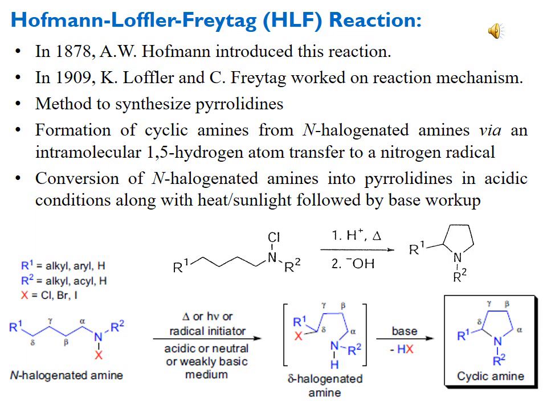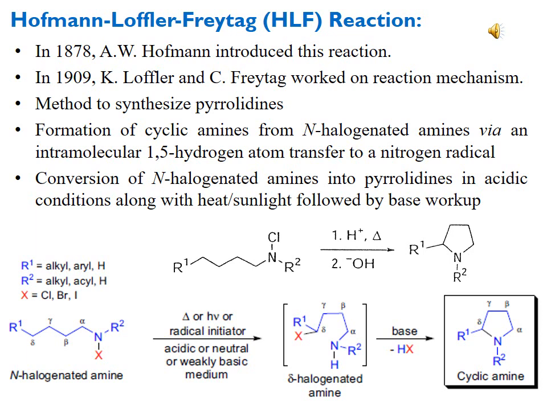In general form, it can also be written that an N-halogenated amine, in which R1 can be alkyl, aryl or hydrogen, R2 can be alkyl, acyl or hydrogen, and X can be chloro, bromo or hydro, is treated in the presence of sunlight, heat or some radical initiator to get the delta-halogenated amine.